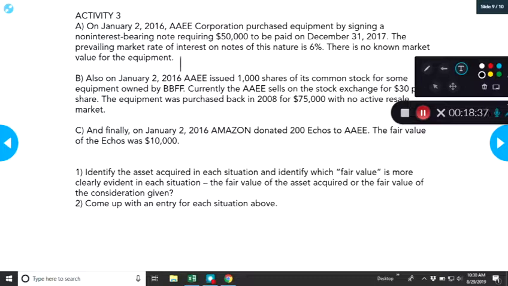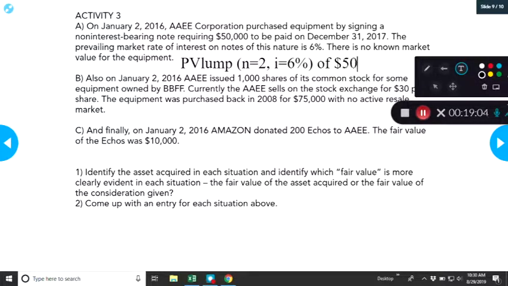So to get to the value, we need to take the present value of a lump sum of n equals 2. Pay attention to the dates. It's January beginning and December ending in 2017, so that's an n of 2. It's a common mistake to think that's 1 because you just say 17 minus 16, but it's 2 full years.